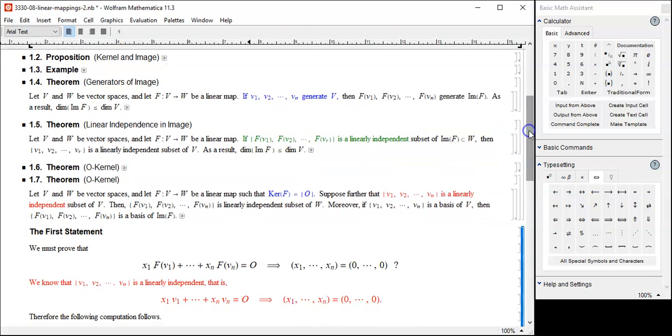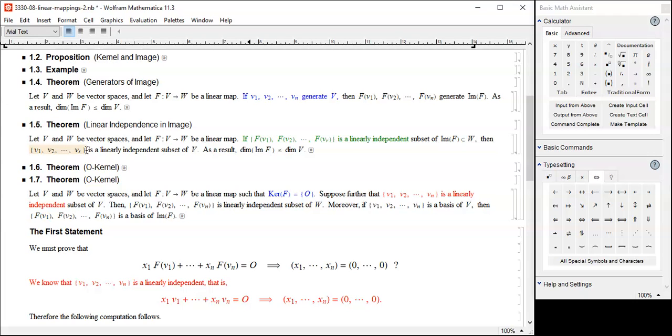Let's recap. We had 1.4: if v1 through vn generate the original vector space, then the image vectors f of v1 through f of vn generate the image space. Alright, but linear independence, that's a different story. We have the backward direction: if the image vectors f of v1 through f of vr are linearly independent, then the original vectors, v1 through vr, are linearly independent.